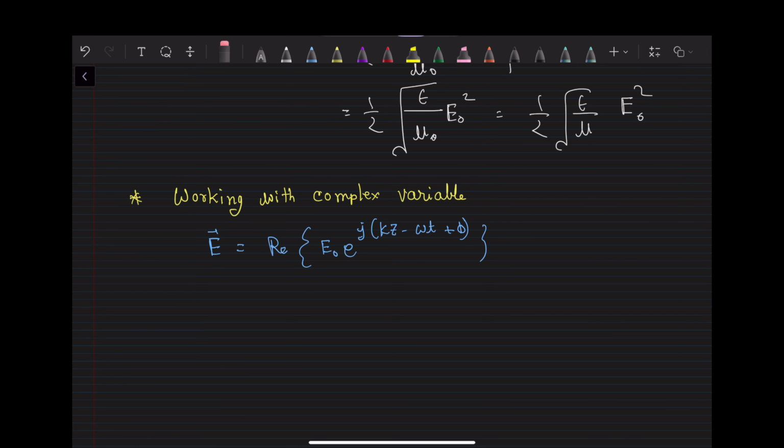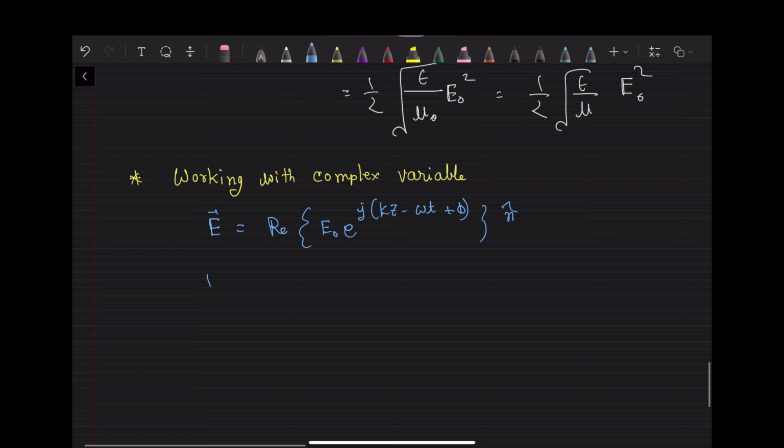Just write some general one. Then we can use identities. And if you use the complex conjugate as well, then what we get is a real term. So that's what we will be using.